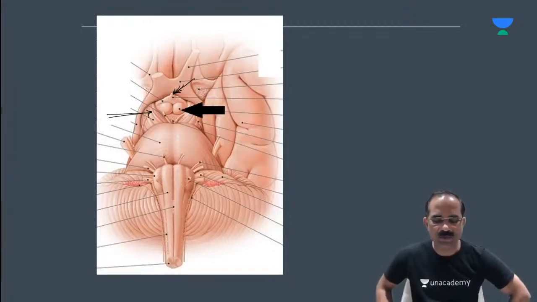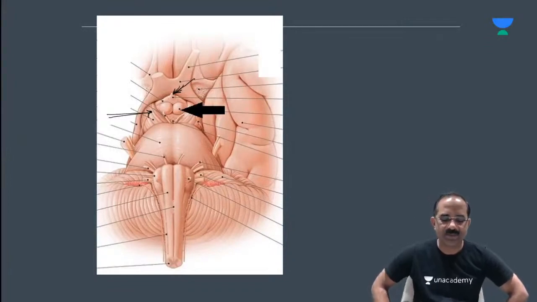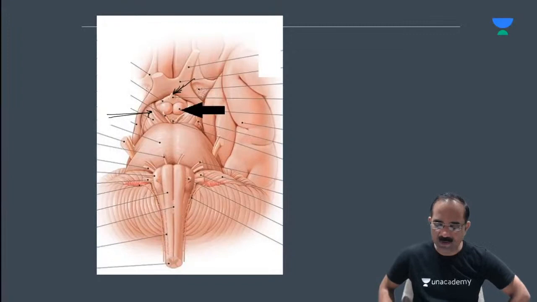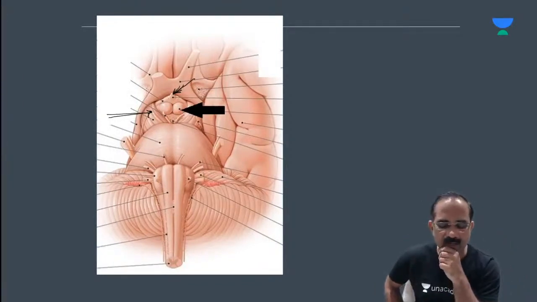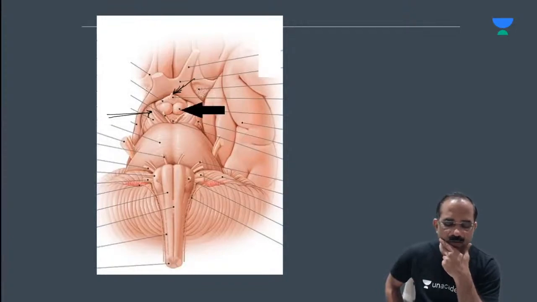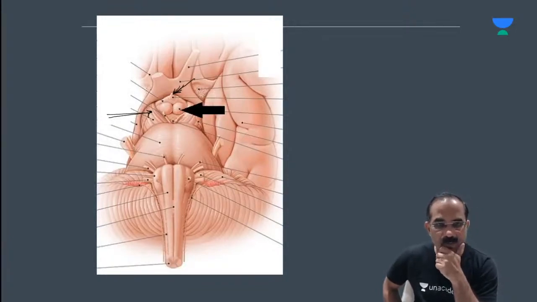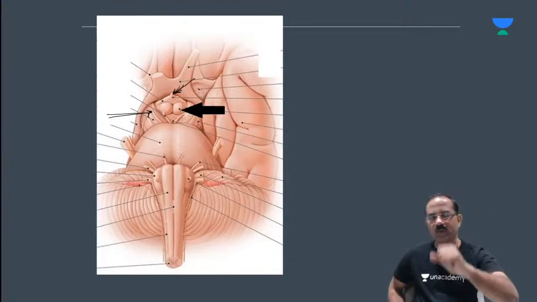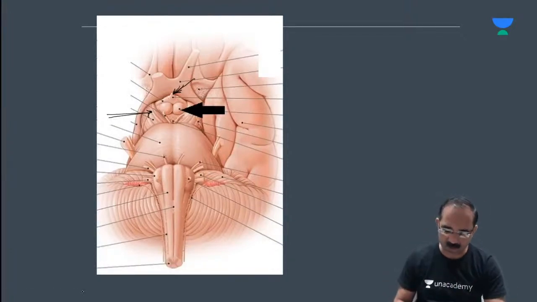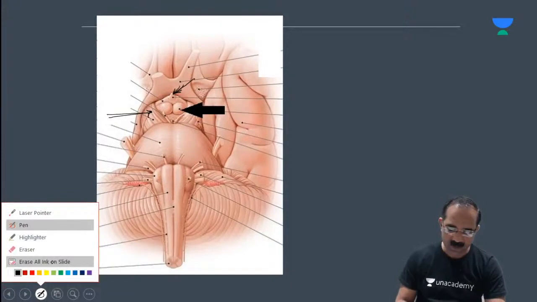Very good, Parth. That's a crus cerebri. And what are the fibers passing through the crus cerebri? Can anyone answer this? These are the corticospinal fibers as well as the corticonuclear fibers. Corticospinal and corticonuclear fibers pass through the crus cerebri.